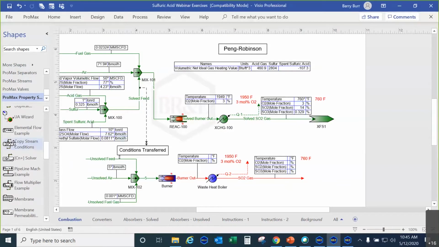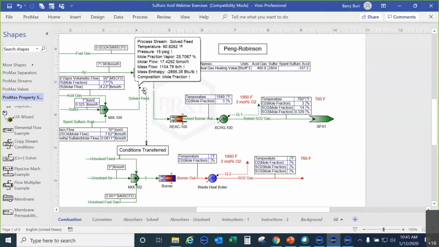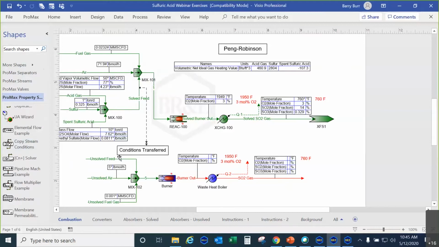There, right there. This shape, you can drag it onto the flow sheet, connect it. The upper stream line has to connect to the stream with the source information, and then this lower connection line goes to the stream where you'd like to transfer all of that information.